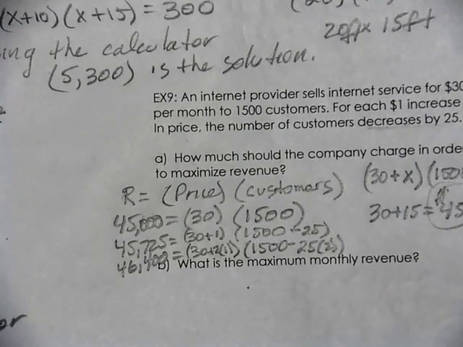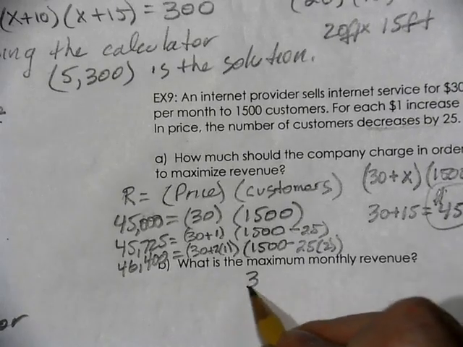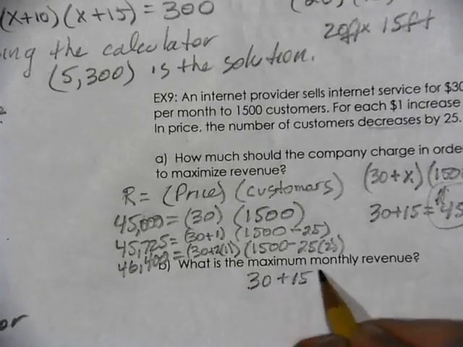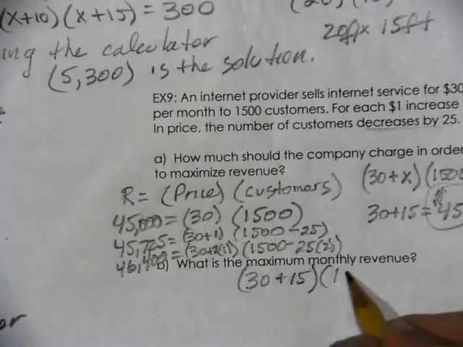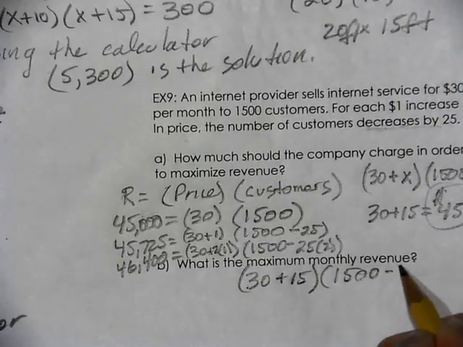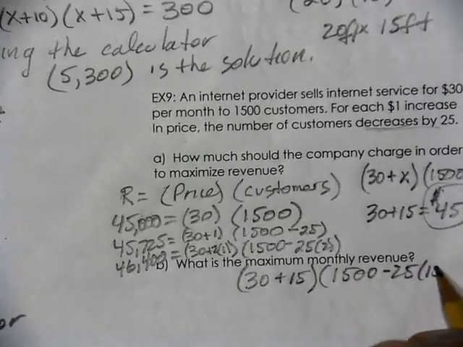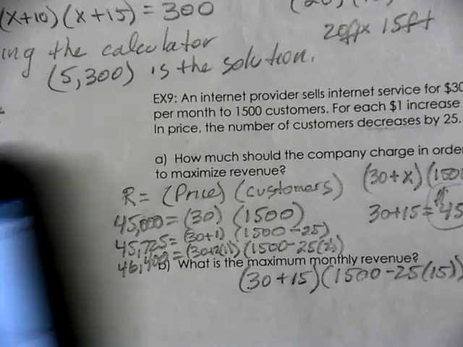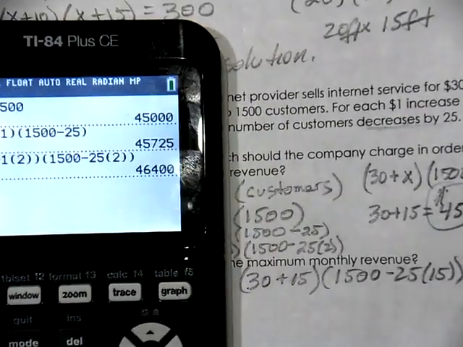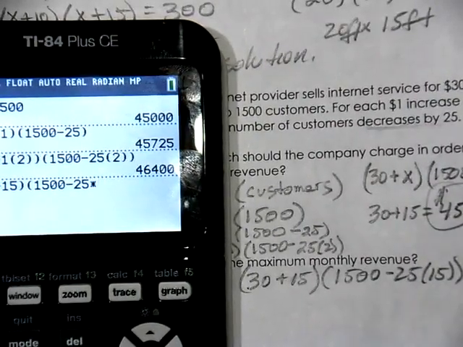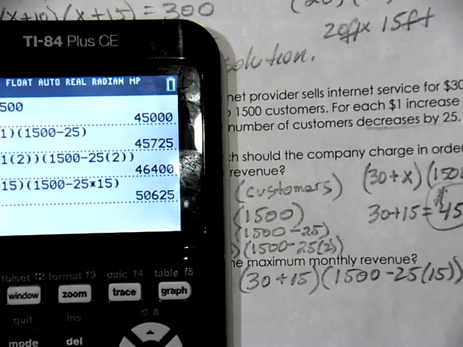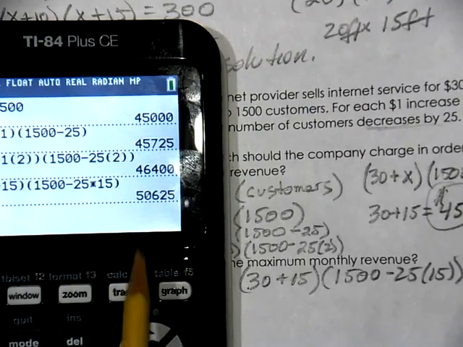What is the monthly revenue? Well, we take our 30, add our 15, take our 1500 minus 25 times 15, and our maximum revenue.